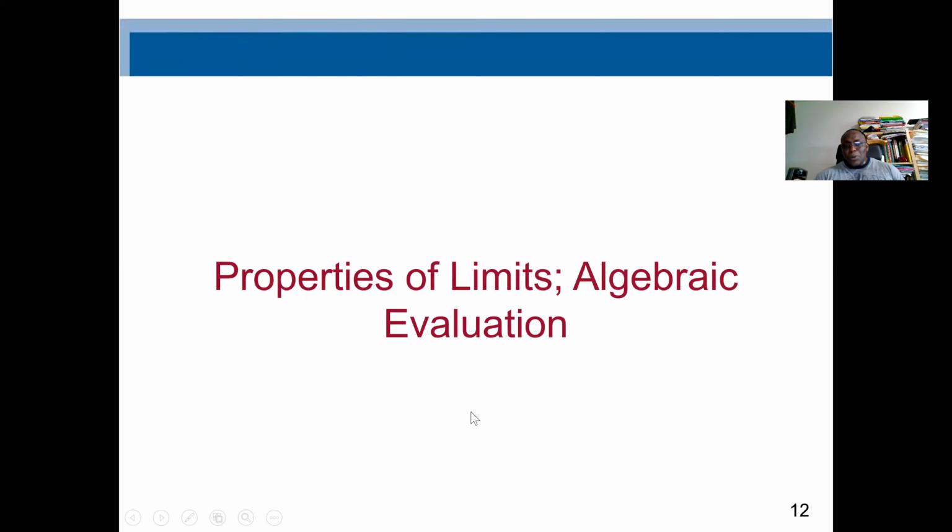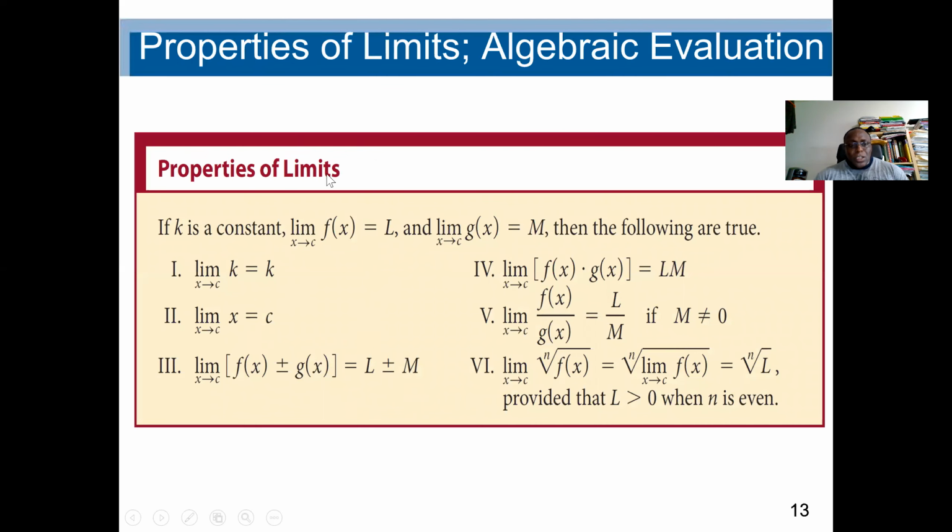So let's go through the properties of limit. I think this may give us a clearer understanding of what a limit is. Number one is very straightforward. K is a constant value. So for example, if I have the limit of 5 as x approaches c, since I don't have an x variable in my function, the answer will be the same constant value.